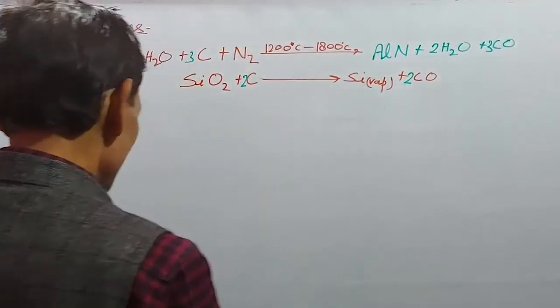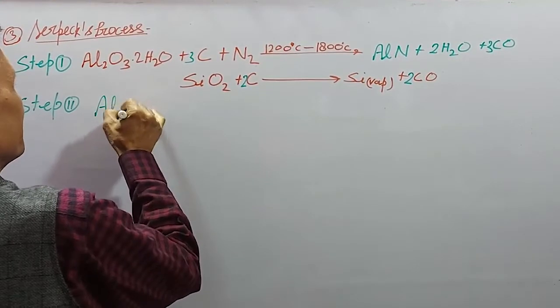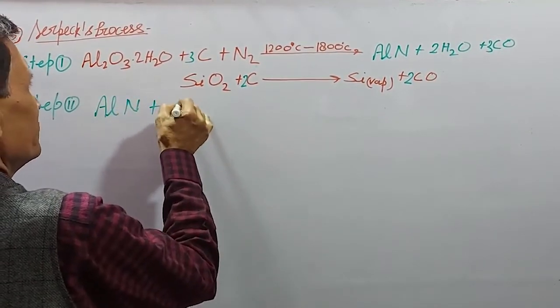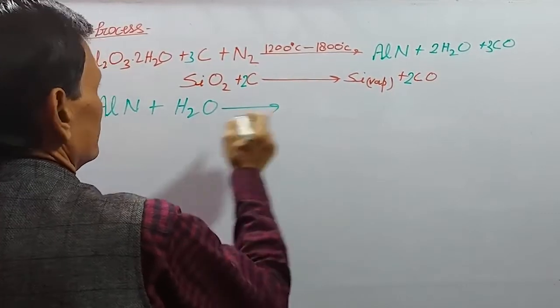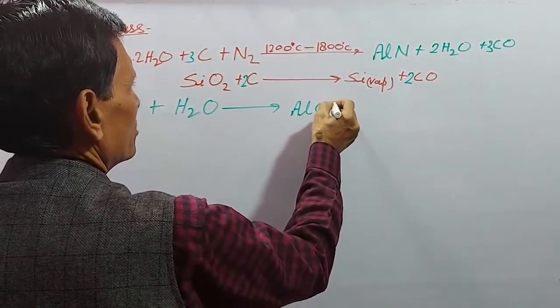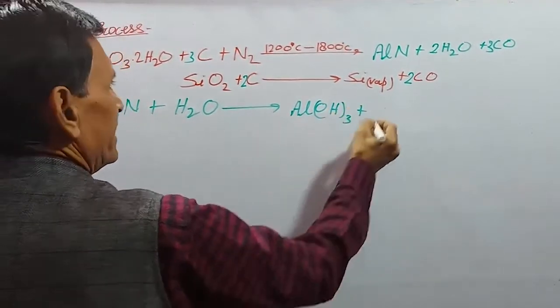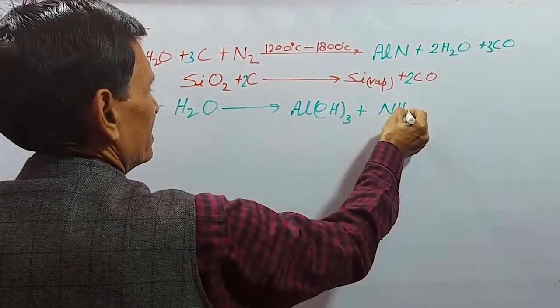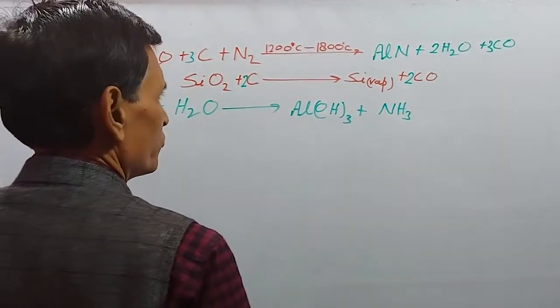Now second step, let us see reaction. This aluminium nitride is hydrolyzed with water to form aluminium hydroxide and ammonia gas. This is very important. This is why this process is very important.